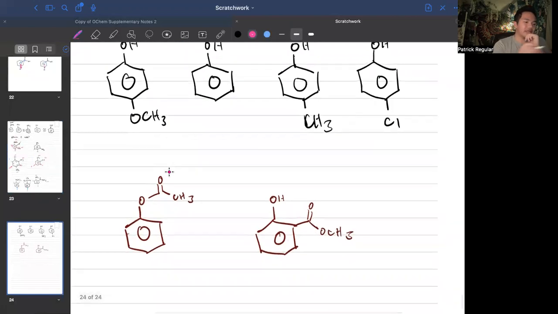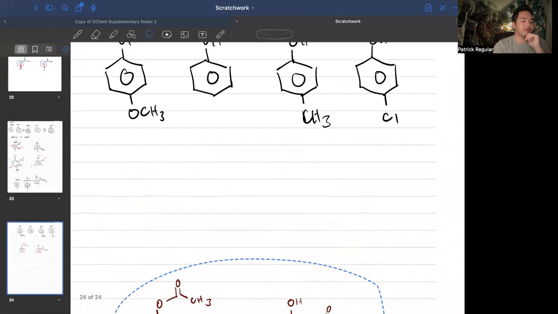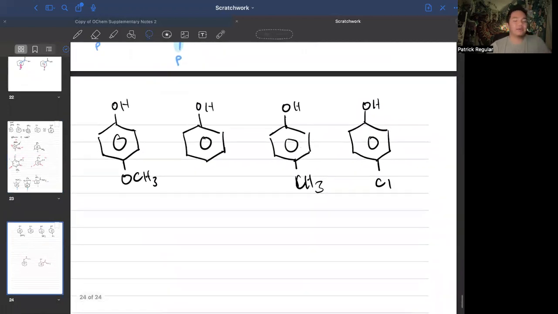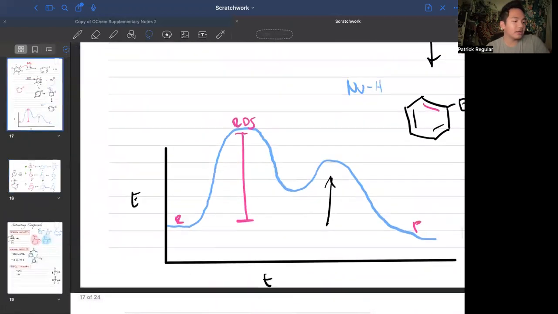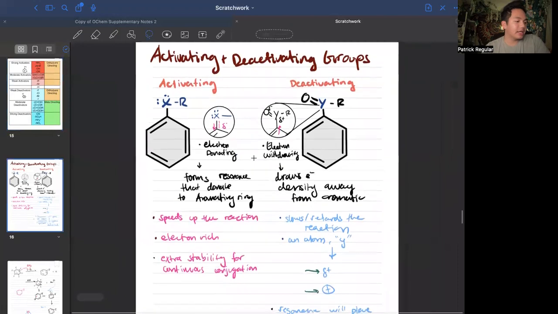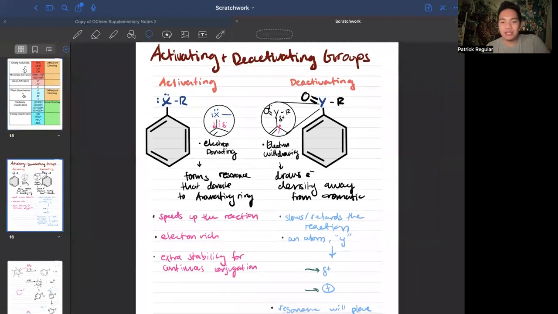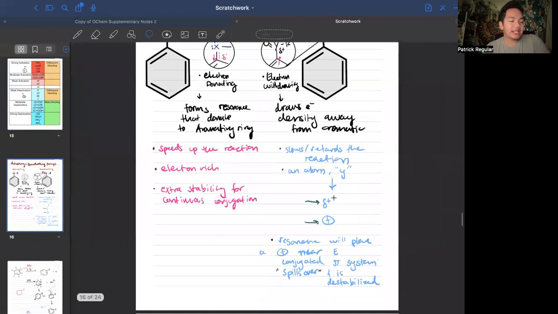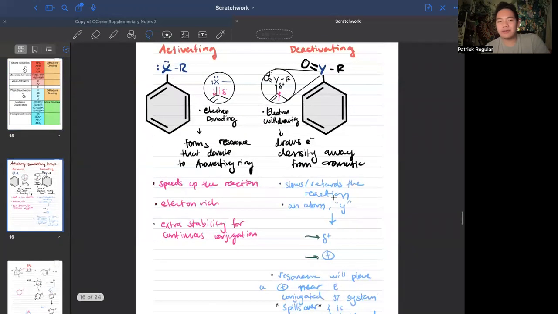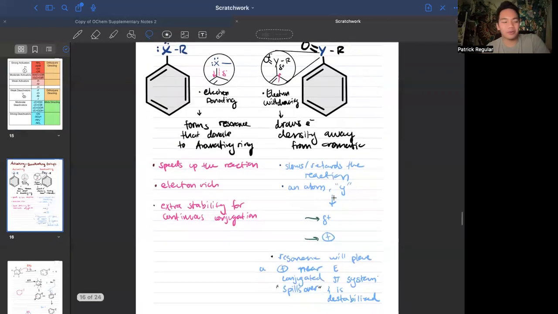Now, if you're given this, which of the following of the four reacts fastest to electrophilic aromatic substitution and which one reacts slowest? So if you remember all the way up here, on speed, the activating speeds up the reaction, deactivating slows down the reaction. So the net activation rate is kind of proportional to your reaction rate.